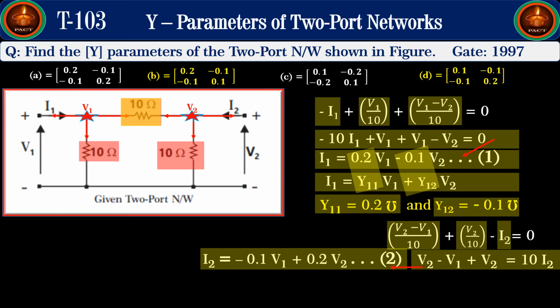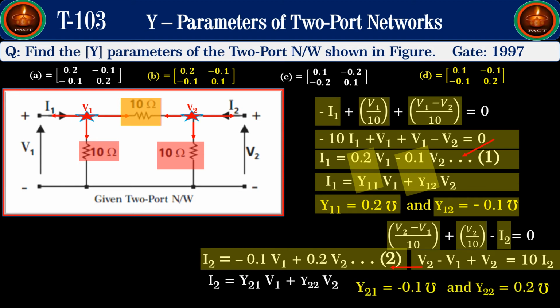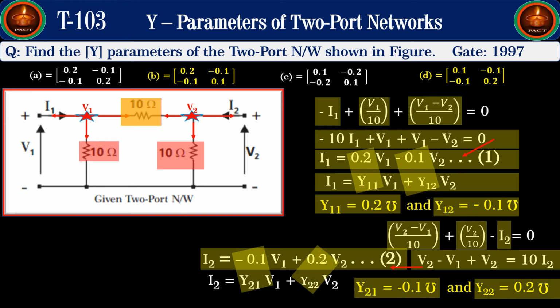By comparing this equation with the standard output equation in terms of y parameters, we get y21 is equal to minus 0.1 mho and y22 is equal to 0.2 mho.